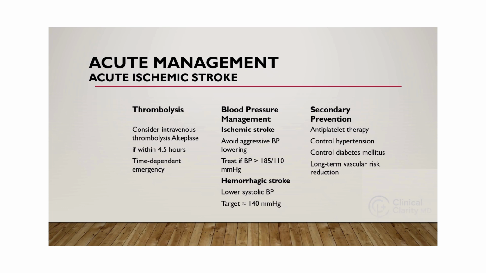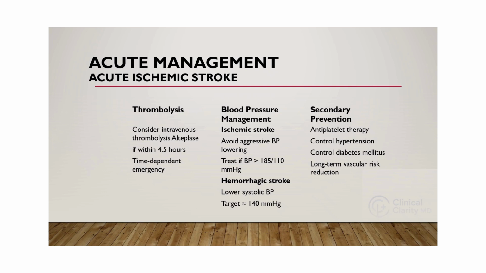Next, blood pressure management is also critical. In acute ischemic stroke, aggressive lowering of blood pressure is usually avoided because excessively reducing cerebral perfusion may worsen ischemia. In hemorrhagic stroke, however, the strategy is different.